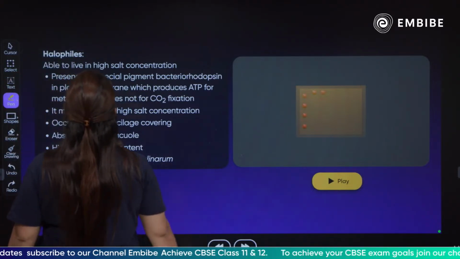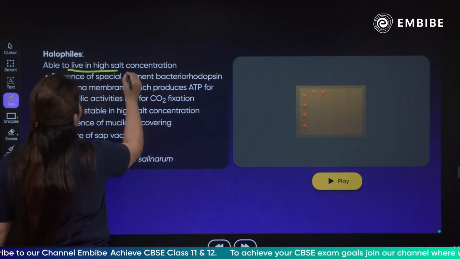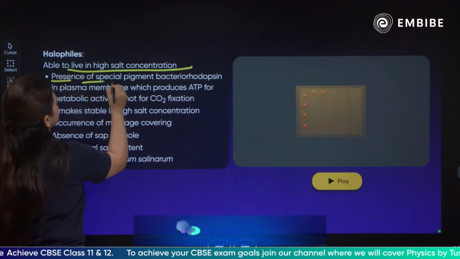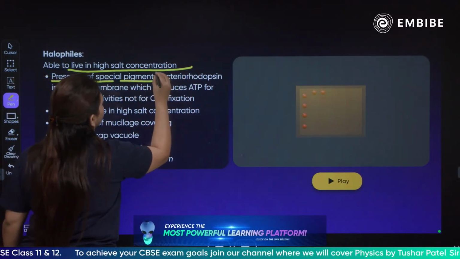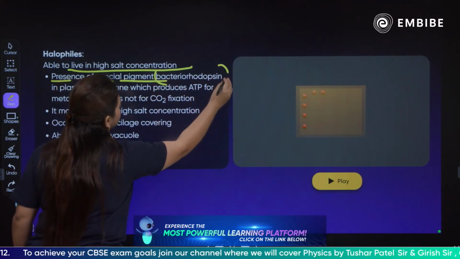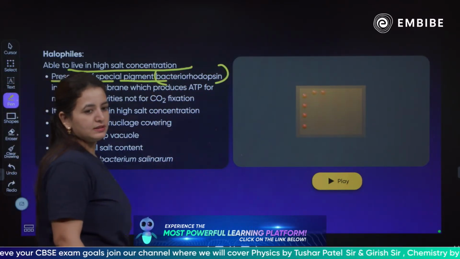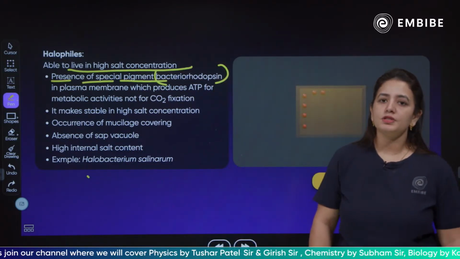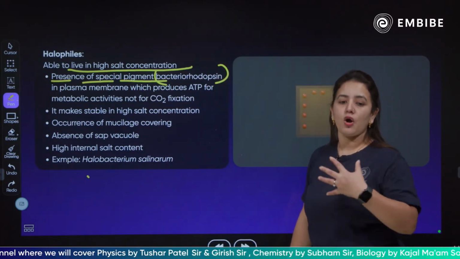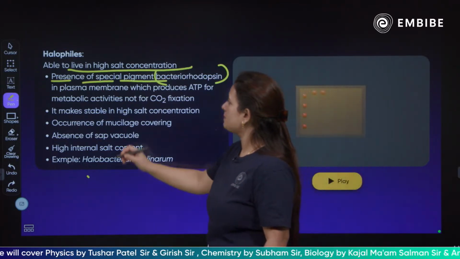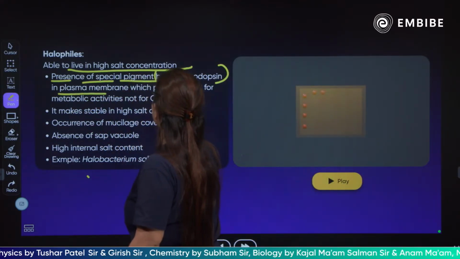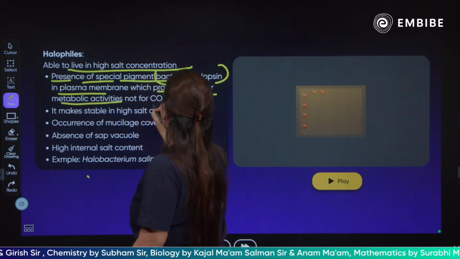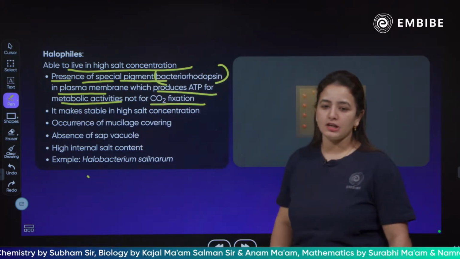The reason they are able to live in extremely high salt concentration is the presence of a special pigment called bacteriorhodopsin. Please remember this. It is present in the plasma membrane and produces ATP for metabolic activities, not for CO2 fixation.